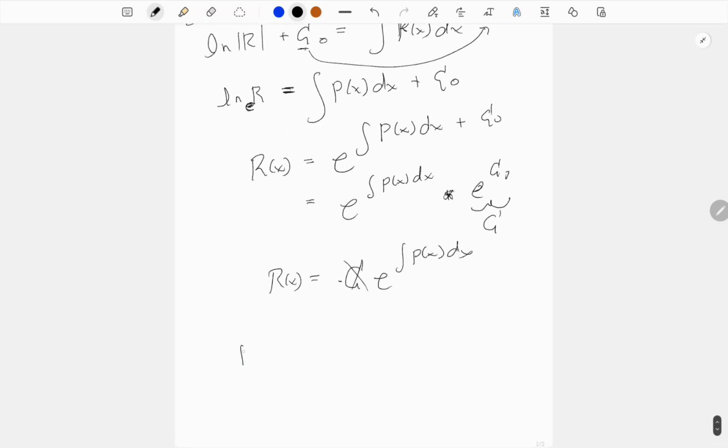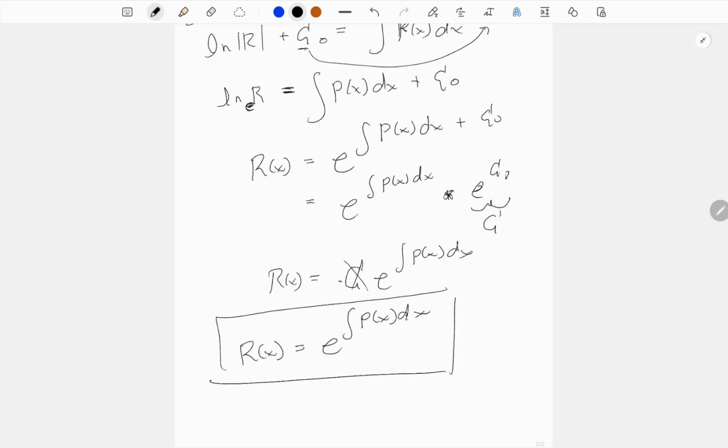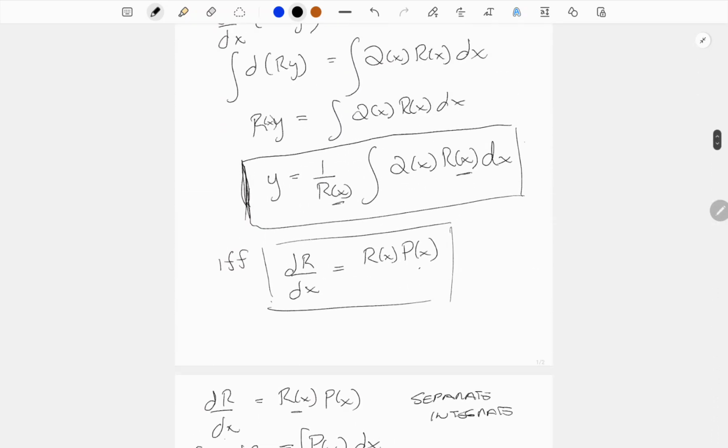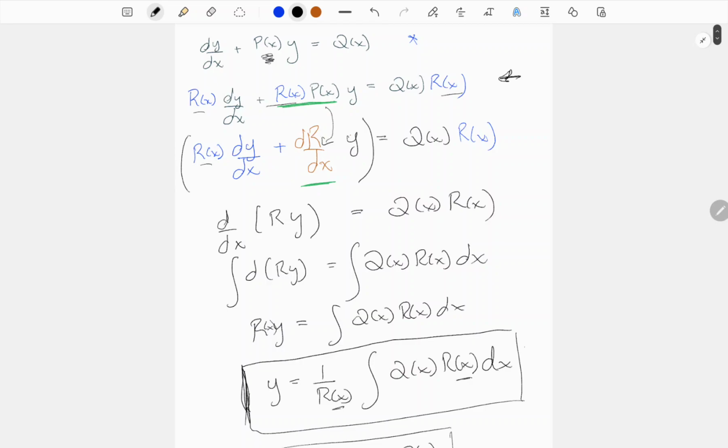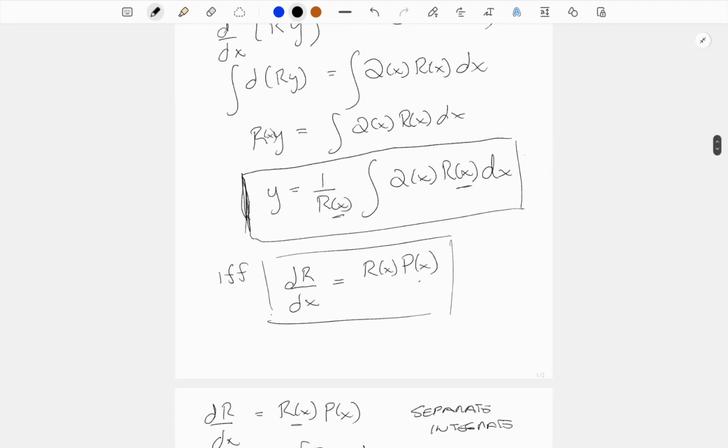So r of x, if chosen to be e to the integral of p of x dx, and we know p of x because p of x is inside of our original problem, it's right here, then the solution is given by this equation right here.